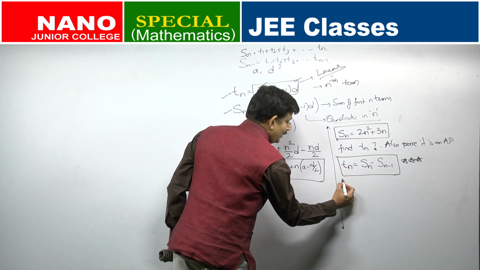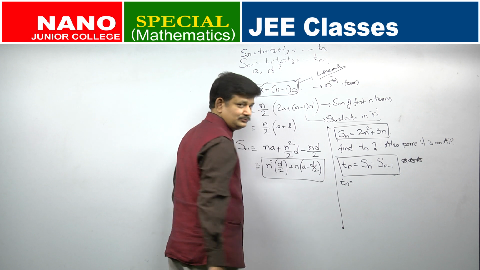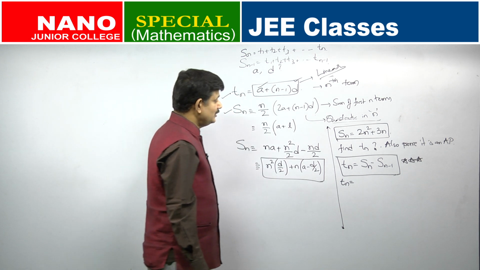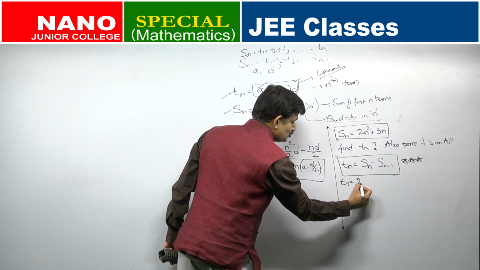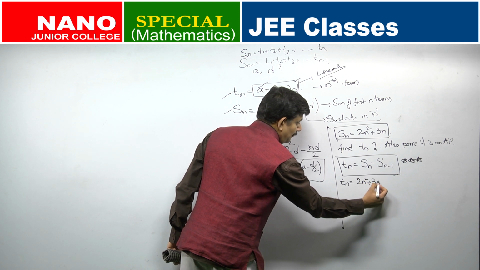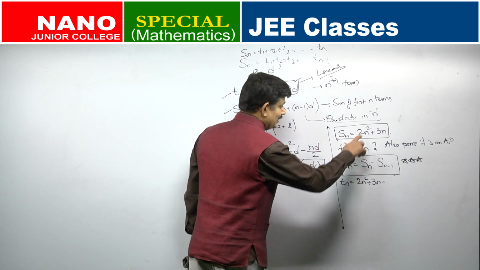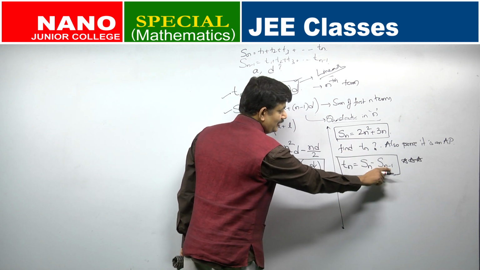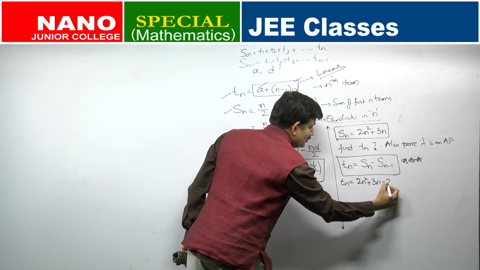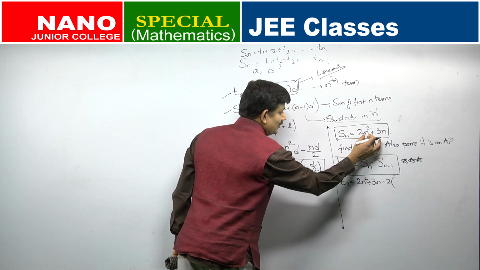So, here I want to find Tn. What will be Tn here? Sn, which is 2n square plus 3n, minus Sn minus 1. In Sn minus 1, in place of n I have to put n minus 1. So, replace n with n minus 1.